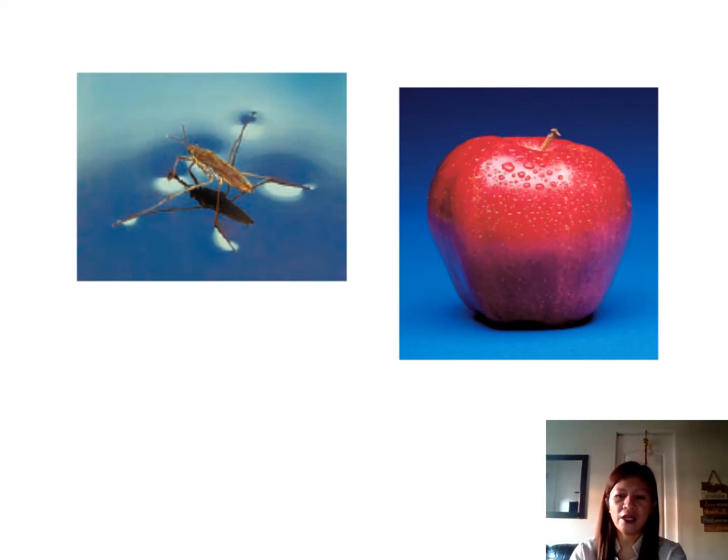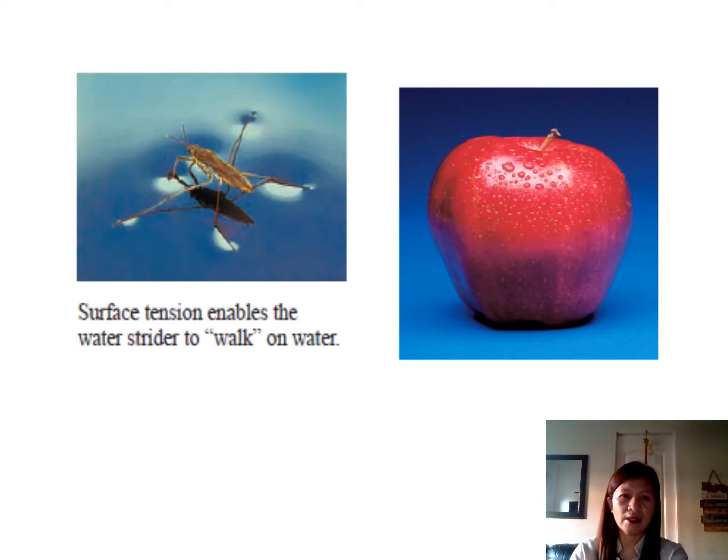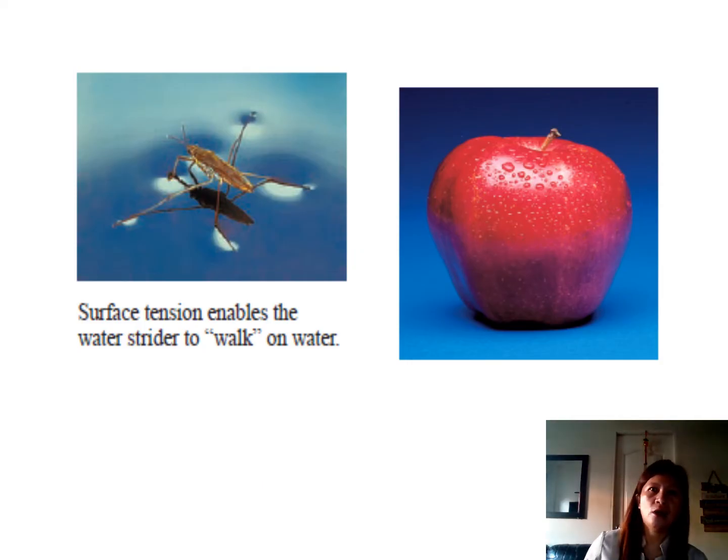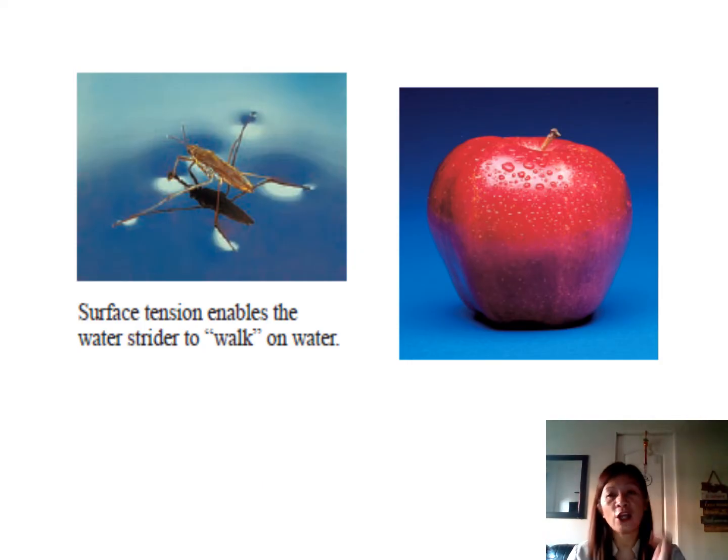So we have here the following images. So number one, you see a water strider being able to walk on water. Water has oxygen and hydrogen. So the type of intermolecular forces is a strong IMF, which is hydrogen bond. Since there is a strong intermolecular attraction between water molecules, it is not easy to increase the surface. So it requires higher energy to increase the surface area.